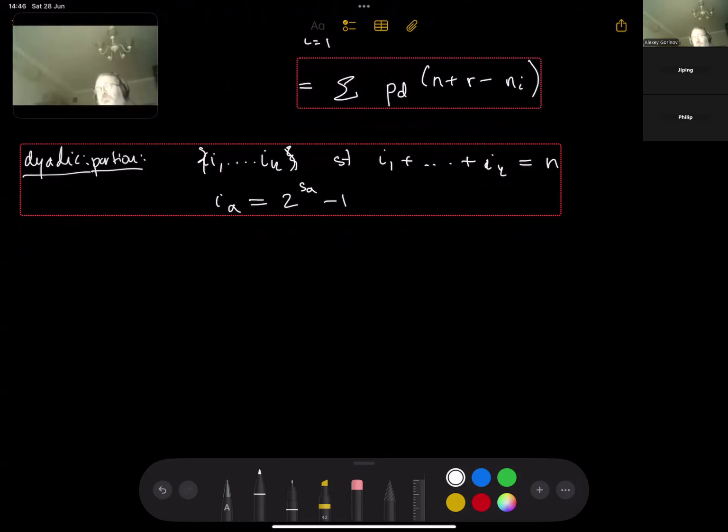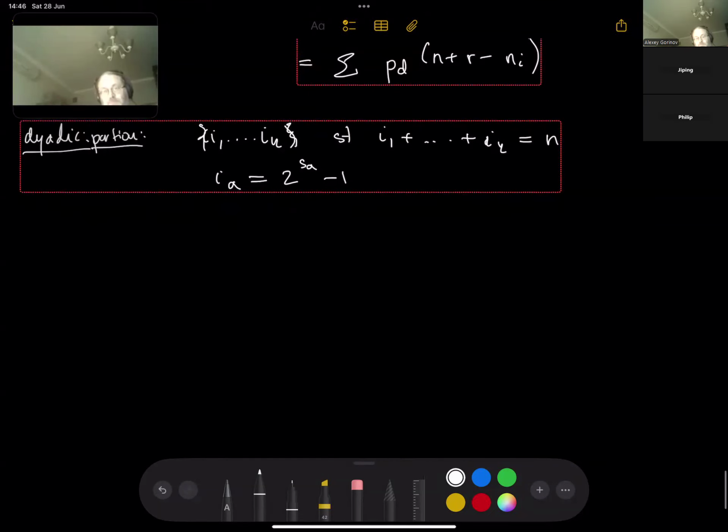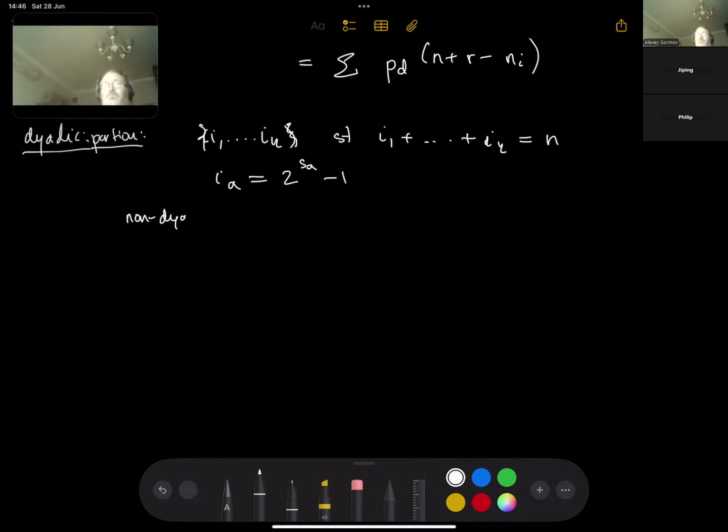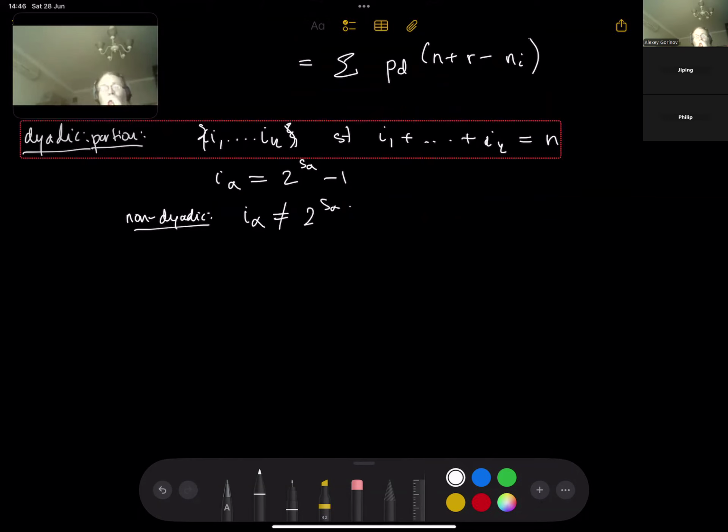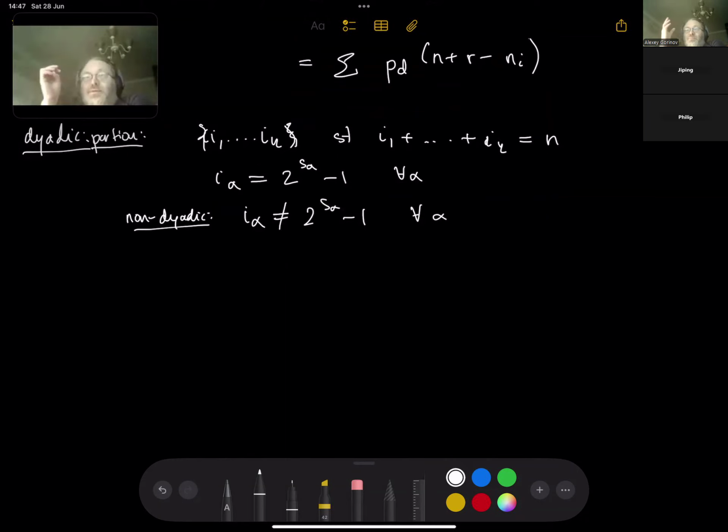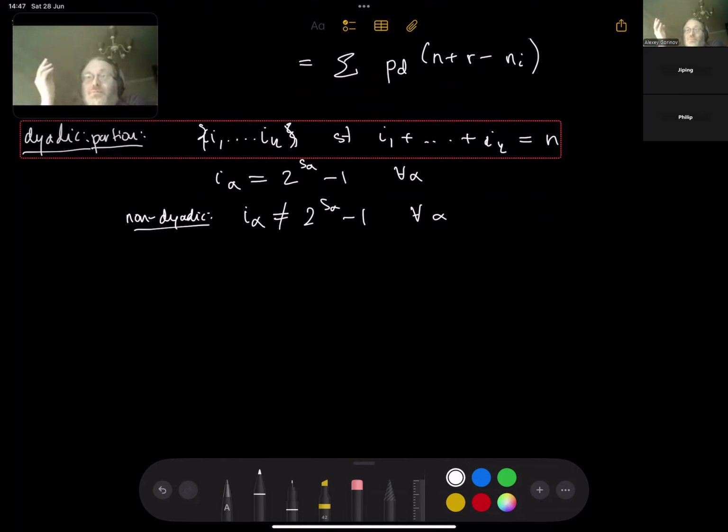A partition is called dyadic if each of the i_alpha has the form 2^{s_alpha} minus 1. And it's non-dyadic if for all alpha we don't have this. It implies in particular that most partitions are neither dyadic nor non-dyadic, which is not very convenient, but this seems to be the terminology.